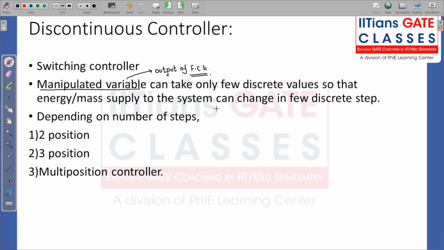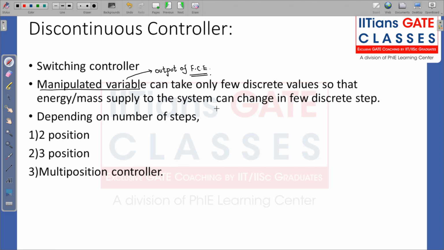So basically what does your manipulated variable give? It is the output of your control valve. Final control element, it can be a control valve. So what is a control valve doing? It is supplying either energy to the system like your steam, or it is going to supply mass like the flow of water, to maintain the process at whatever is my desired value.